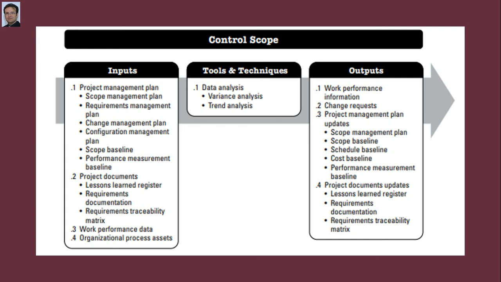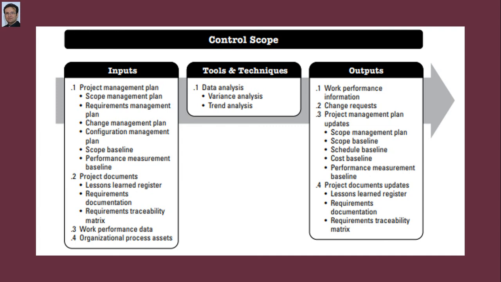And you need the performance measurement baseline. When using earned value analysis, the performance measurement baseline is compared to actual results to determine if a change, corrective action or preventive action is necessary.